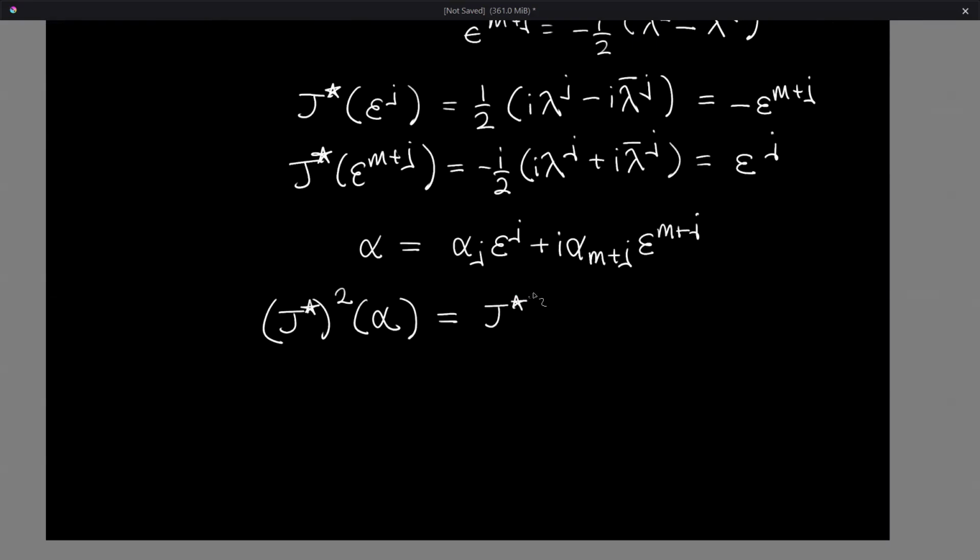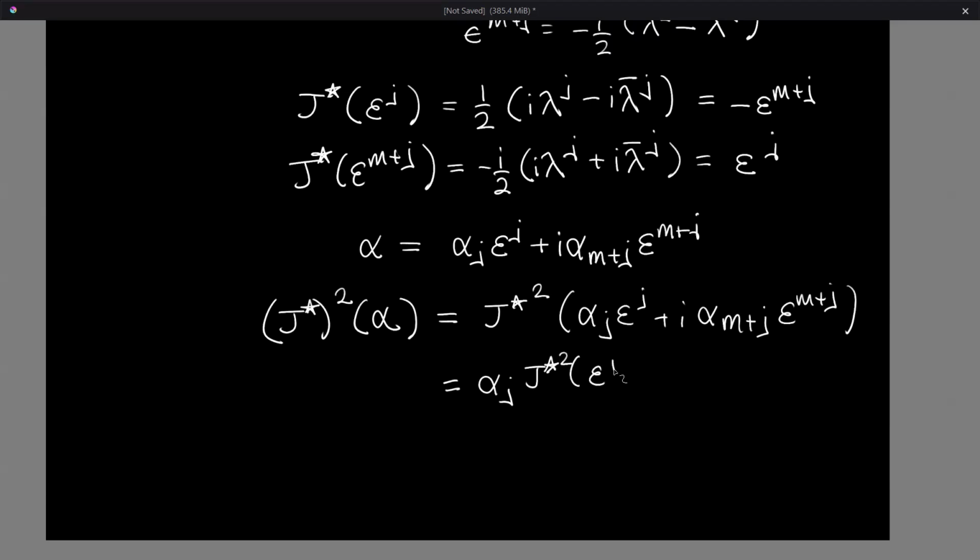Then that is equal to J star squared of alpha j epsilon j plus i alpha m plus j epsilon m plus j, which is equal to alpha j J star squared of epsilon j, using linearity, plus alpha m plus j J star squared of epsilon m plus j. We'll cut to the chase and apply both of them at the same time.